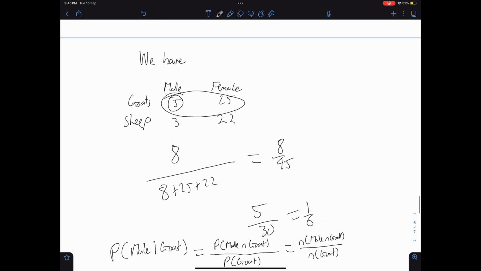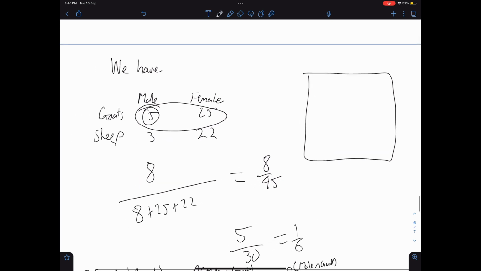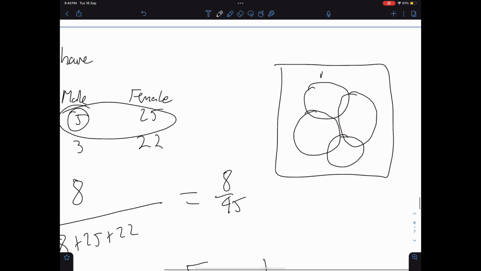And this is because if I draw a bit of a Venn diagram here, there's something a bit like this. So this is male, female, sheep and goat.